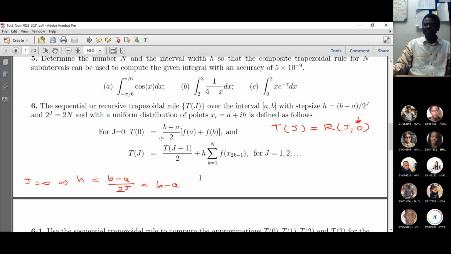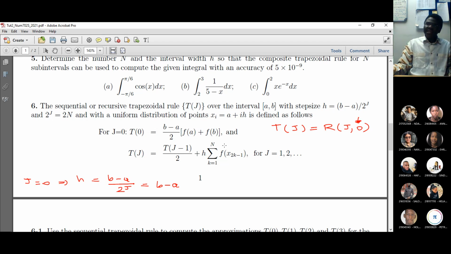If you put 0 here, it gives you T0, which is exactly what we saw in the note, which is b minus a by 2 into this. So h, in fact, is b minus a. And you see that for each value of j, h will be half each time. So h changes all the time. So h here is a function of j.